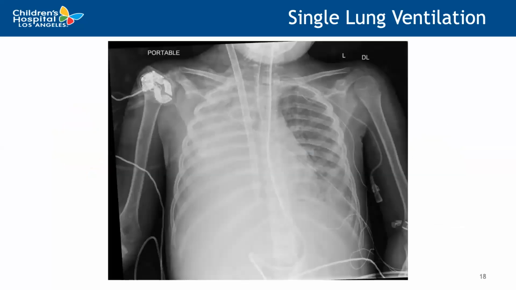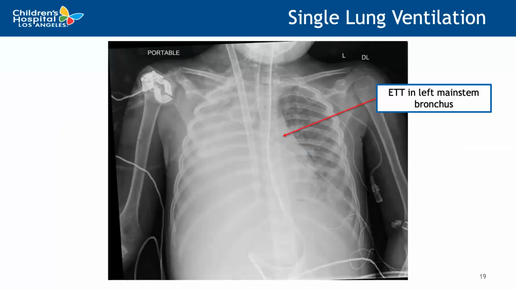And here is a chest x-ray that was done after the selective intubation of the left mainstem bronchus. As you can see, the endotracheal tube is now placed in the left mainstem bronchus with almost complete collapse of his right lung. Here's his VV ECMO cannula in the heart.